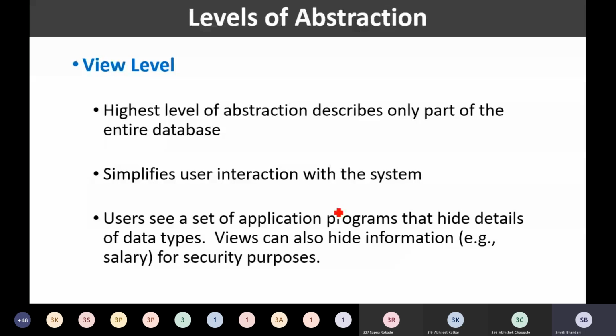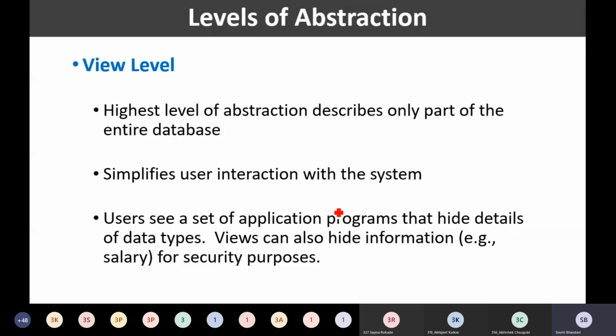Say for example, the users can only see the set of application programs that are really meaningful for them, by hiding all other details of data types and the rest of the things.